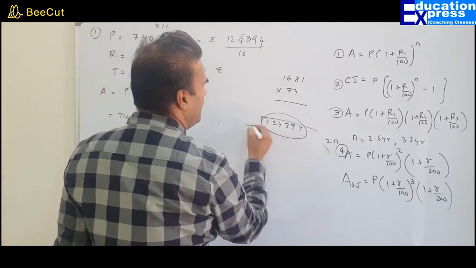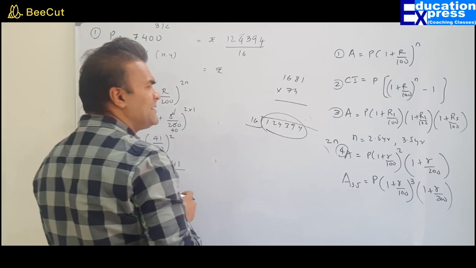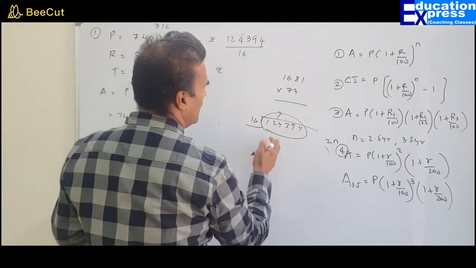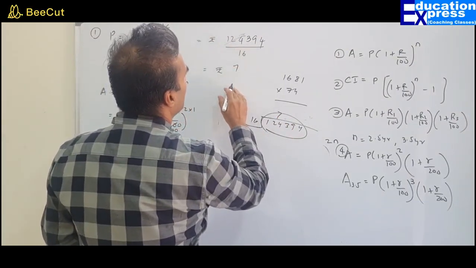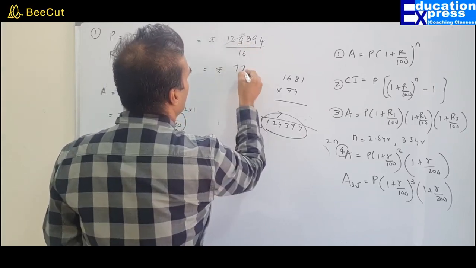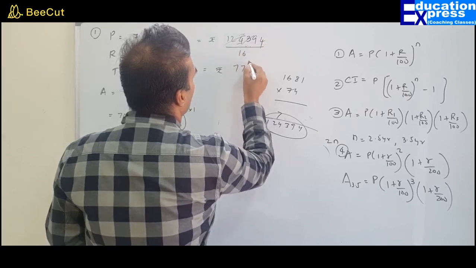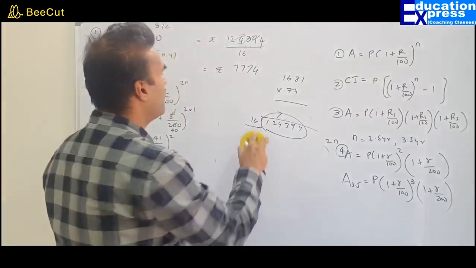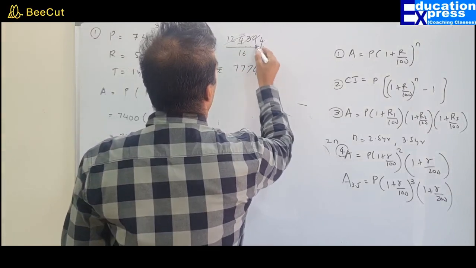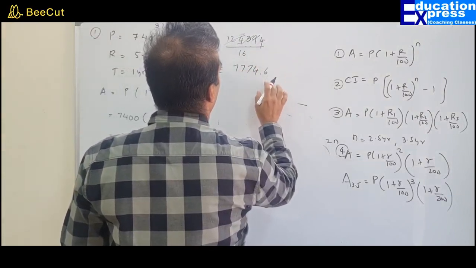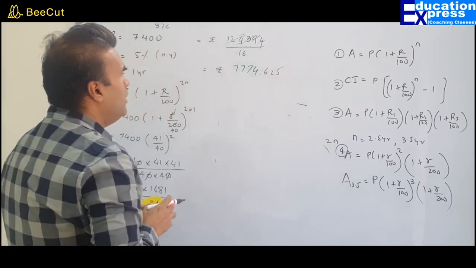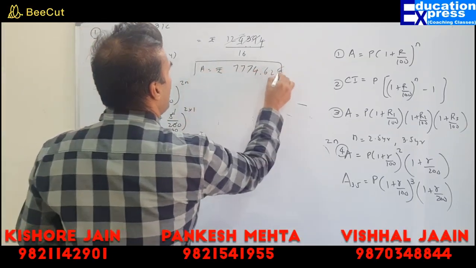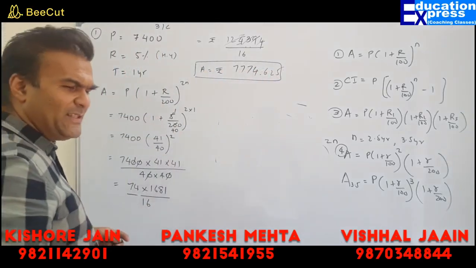So 124,394 divided by 16 is 7774.625. So the amount at the end of 1 year would be 7774.625.